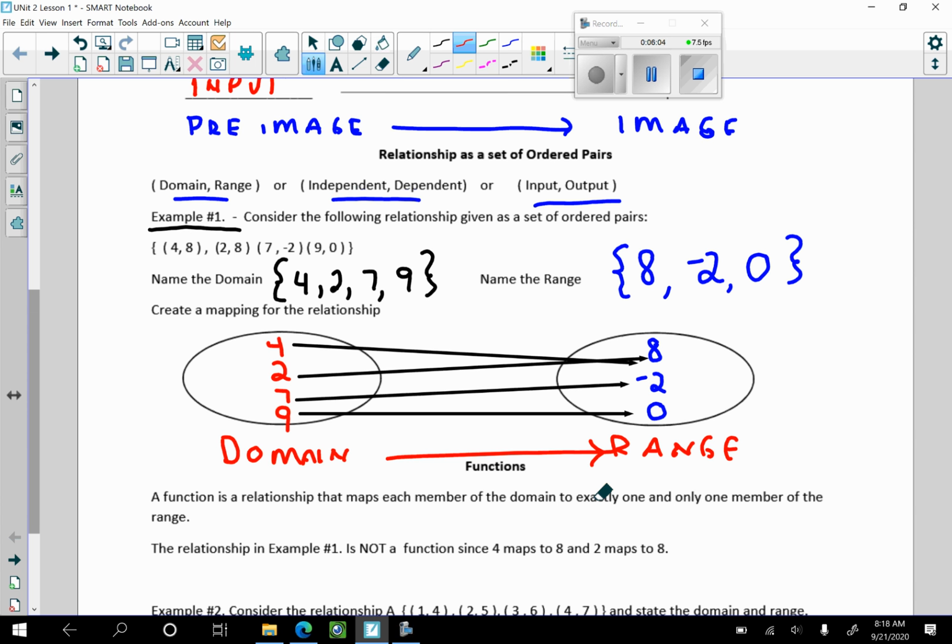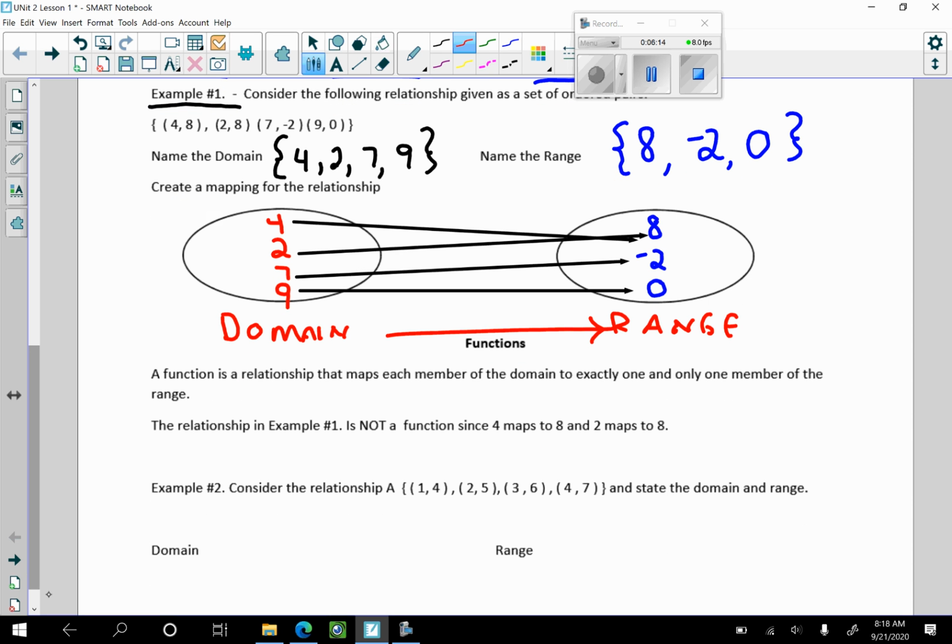A function is a special relationship. Well, let's pause for a minute. A function is a special relationship, a relationship that maps each member of the domain to exactly one and only one member of the range.